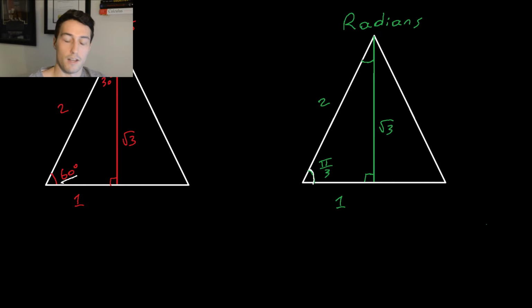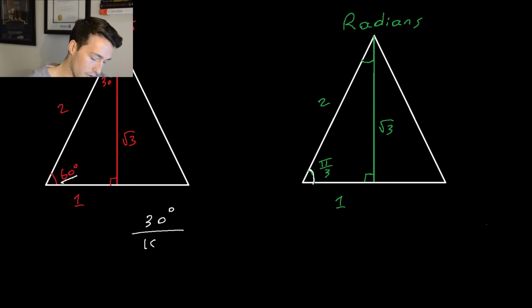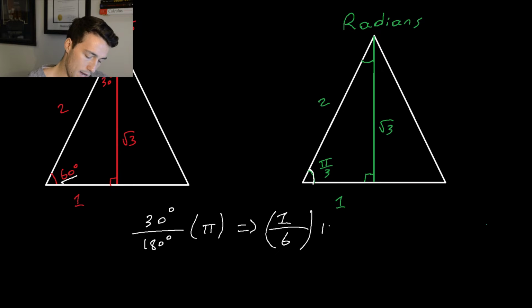Next, I'm going to do the same process for this 30 degree angle. So if I have 30 degrees, 30 degrees divided by 180 degrees multiplied by pi, that's equivalent to dividing the top and bottom by 30, so I'm going to get 1 over 6, and then multiplied by pi, that's going to equal pi over 6 radians.